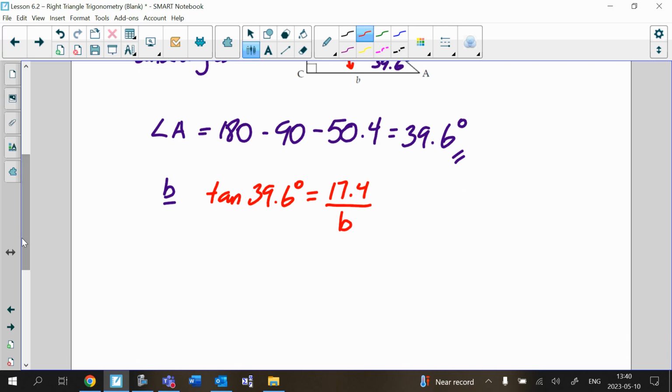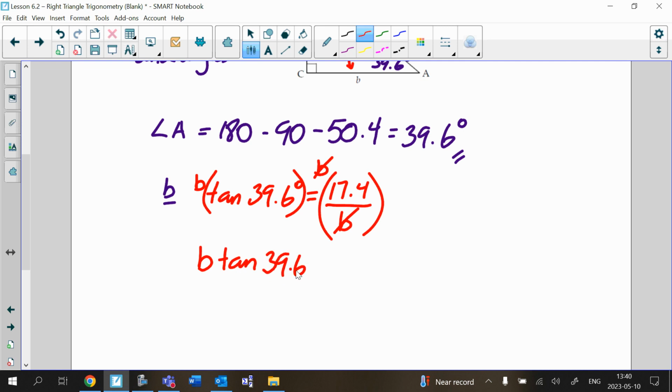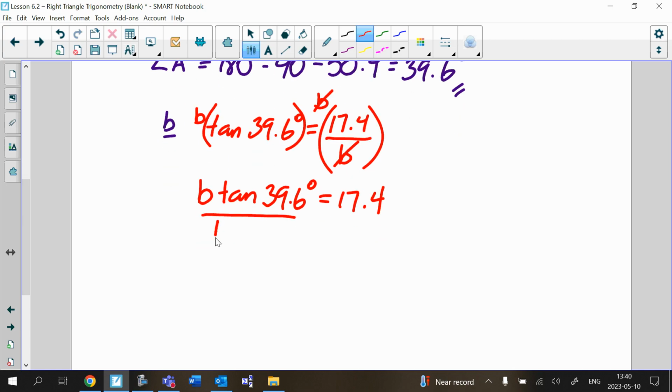To get rid of the fraction, multiply both sides by B. And I get B times the tan of 39.6 degrees is equal to 17.4. To get B by itself, I have to divide by tan 39.6, and do the same thing to the other side. So B is approximately 17.4 divided by tan 39.6.